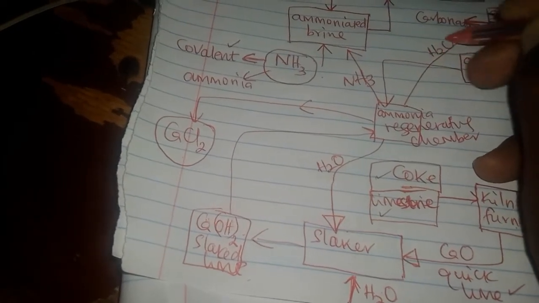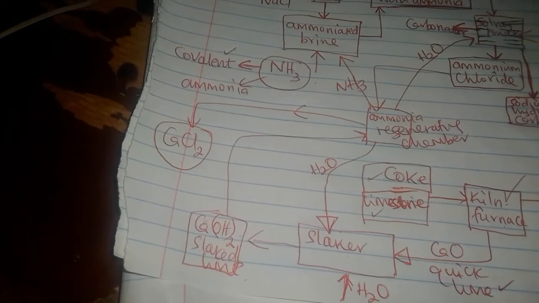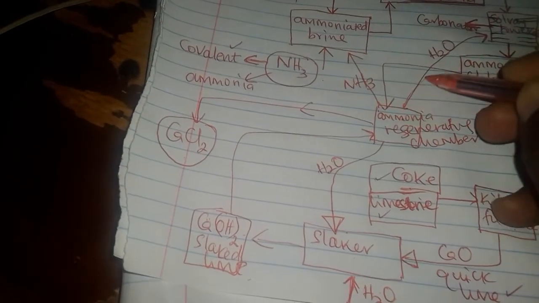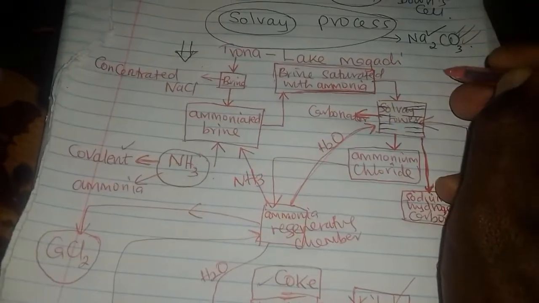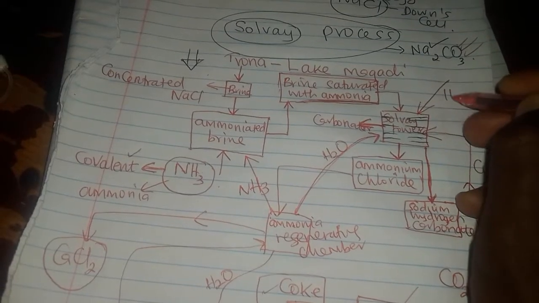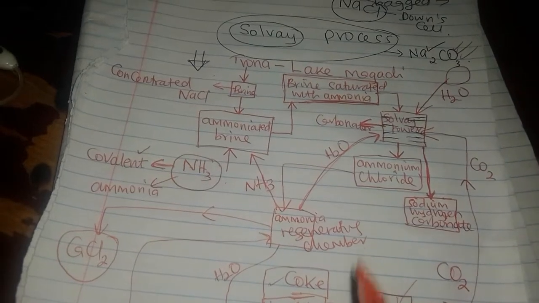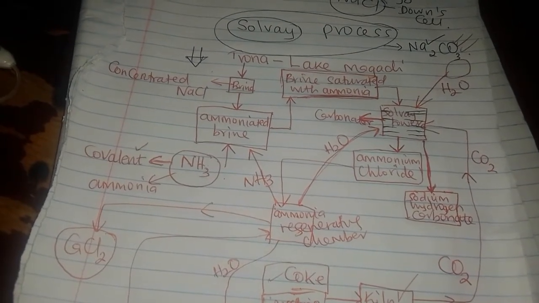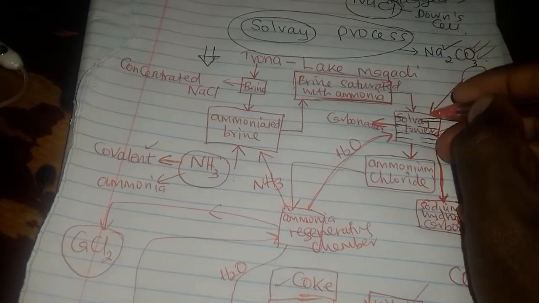So water again into the carbonator. Very good. You can also have more water getting introduced into the Solvay tower from an external source. Good. Maybe from a river. That's why this industry can get located closer to a water body, so that water can be used in this setup.